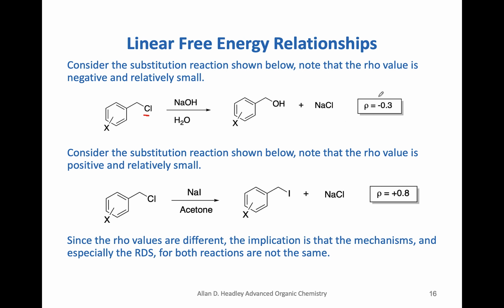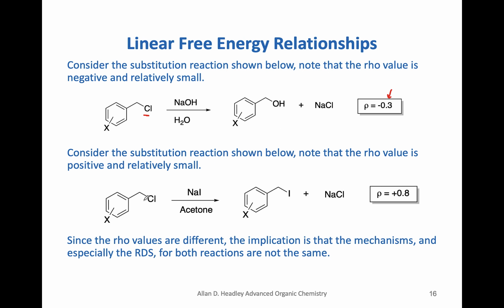But experimentally, the rho here is negative, which means that there's a positive species in the rate determining step. And here it is 0.3, which means it's not as sensitive here.